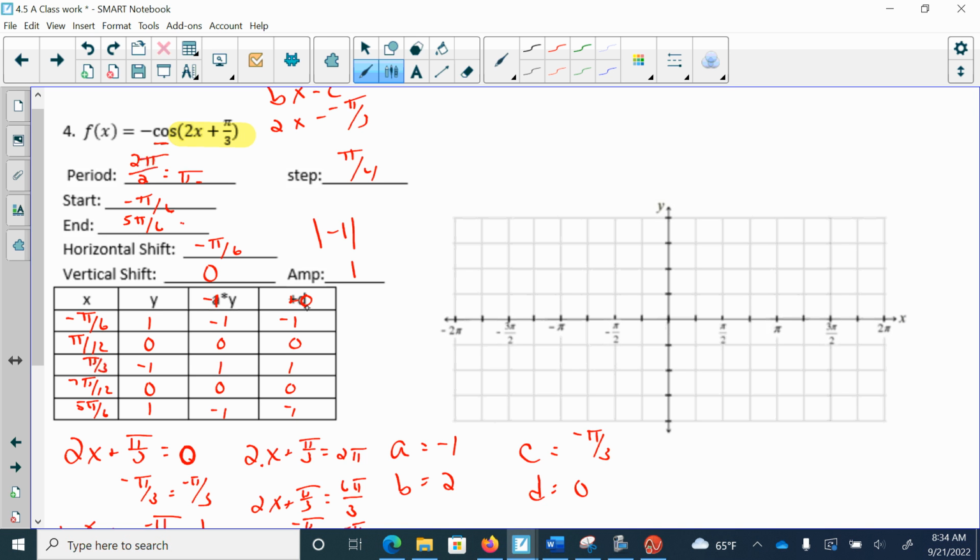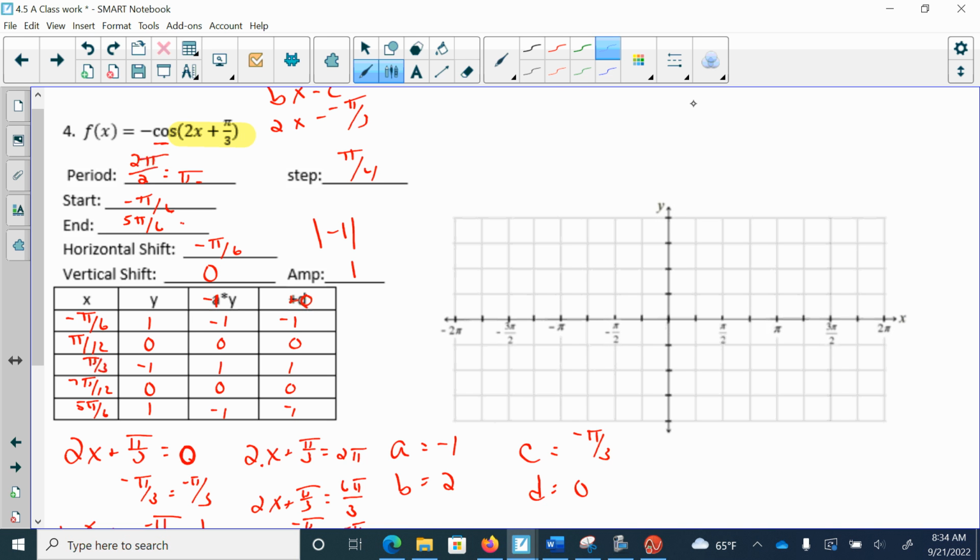Alright, so I have this -pi/6. This scale is just not going to work. I can see that I'm going up by 12ths, so I might change the scale. I don't want to do 12, I think that would be way too much.